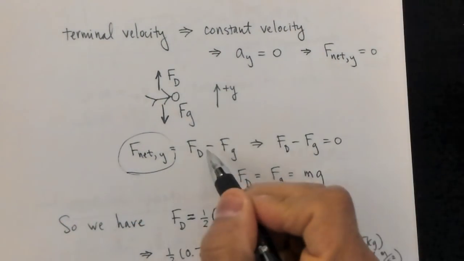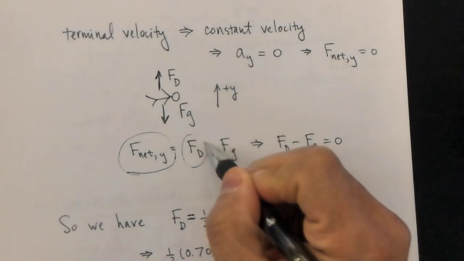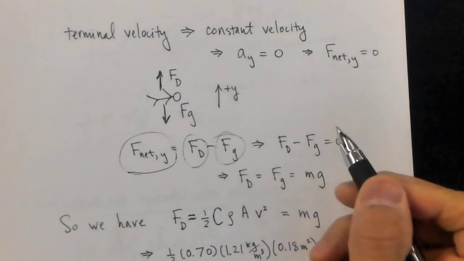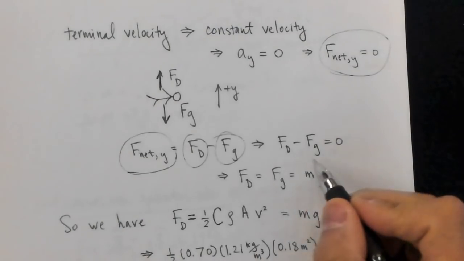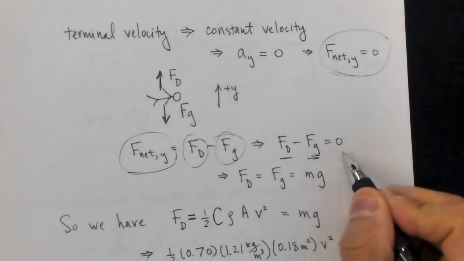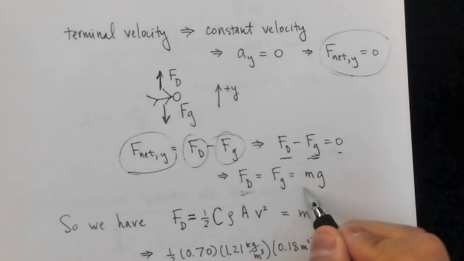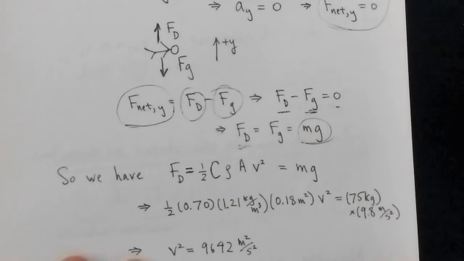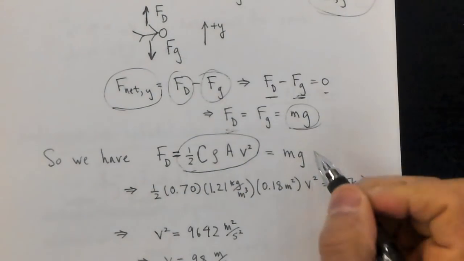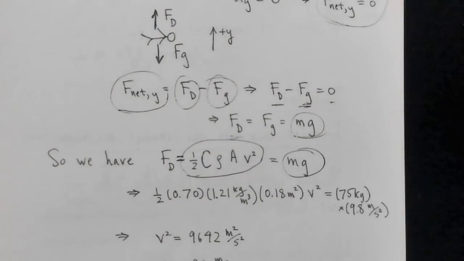So net force in the y direction is the drag force going up, and we have the force of gravity going down. So the net force is equal to 0, and therefore the drag force minus the gravity force equals 0, and so the drag force is equal to the gravity force, which is mg. So we're going to say the drag force, which has this complicated formula, is also equal to the weight, mg. Okay.